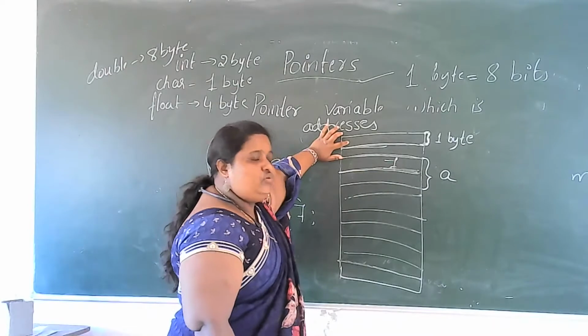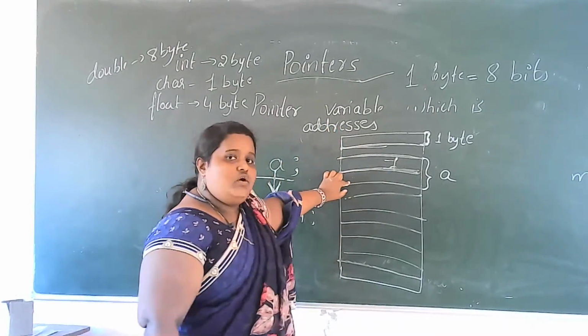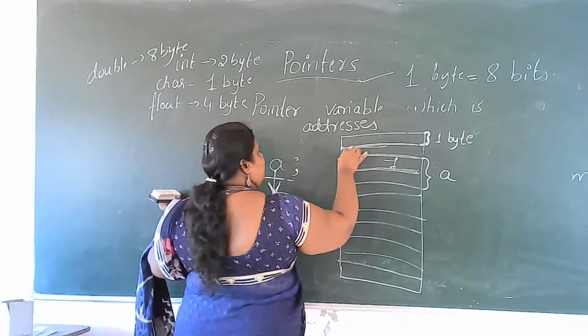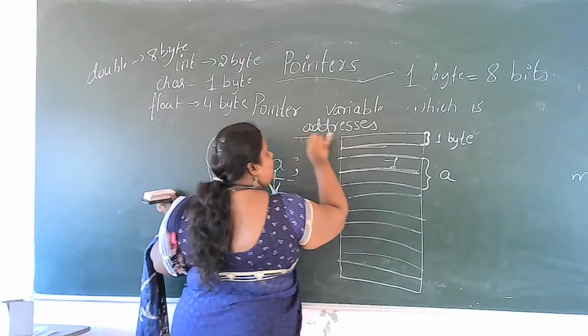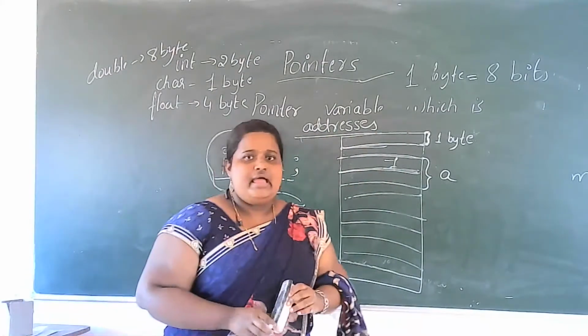How to identify or differentiate each block uniquely? Each and every block can be uniquely identified by their addresses. A normal variable is used to store a value.